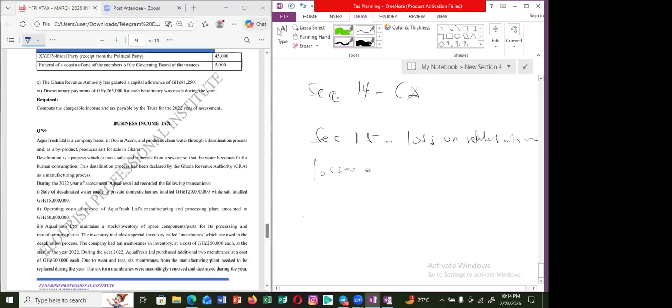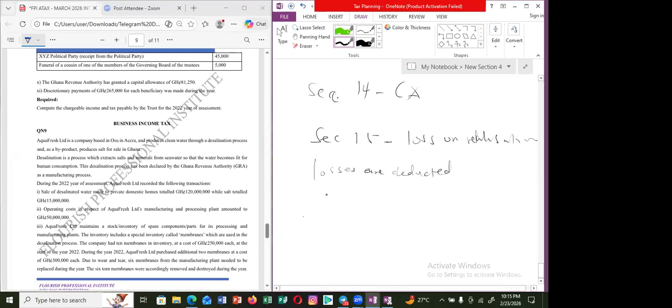So losses are deducted to the extent that the asset or liability was used in producing business income, so you don't go and incur your personal loss from a personal something when you bring it to the business. That is the criteria for the deduction of loss on realization of what?